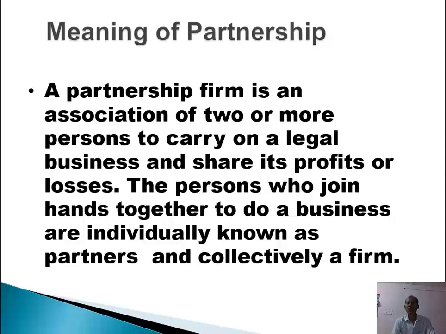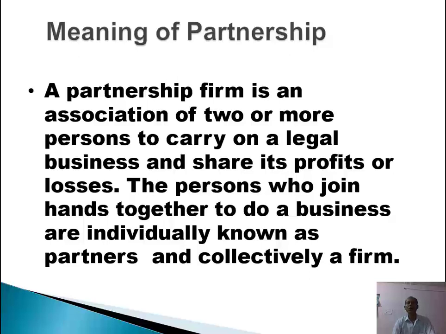And the profits which are earned from such kind of legal based business, either they may be profit or losses, should be shared by the partners as per the ratio prescribed in the partnership deed.